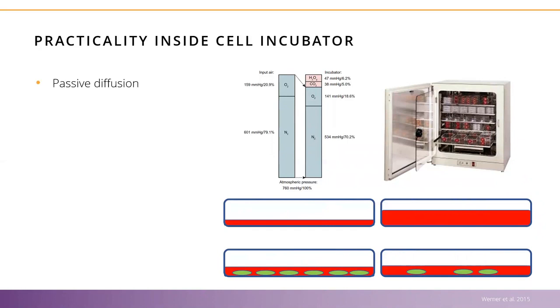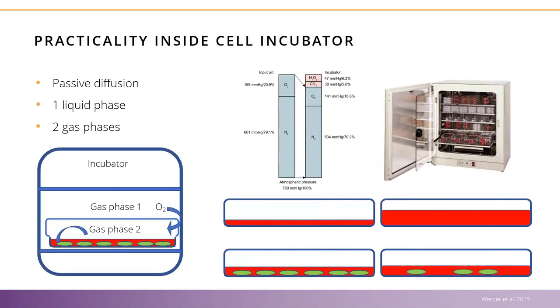So we have the passive diffusion, we have the one liquid phase, the media height that you're working with, but we actually have two gas phases. Because you have the gas phase throughout the incubator, and you have the gas phase, the head space of your cell culture plastics, which you also need to be aware of.